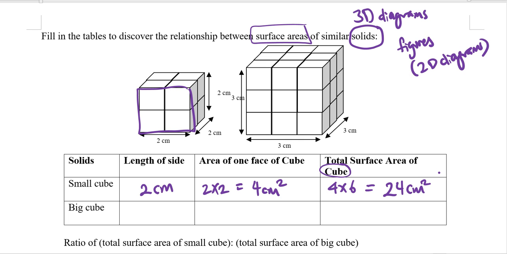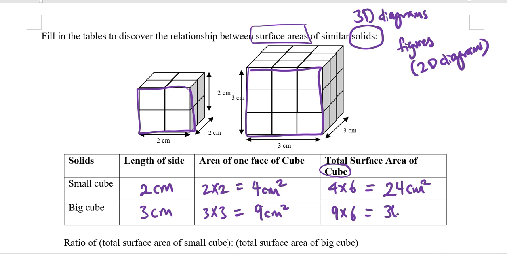Now if you look at the big cube, the length of one side is 3 cm, and therefore the area of one face of the cube will be 3 times 3, which is 9 cm squared. Again, there are going to be 6 sides because it is still a cube. So the total surface area is 54 cm squared.